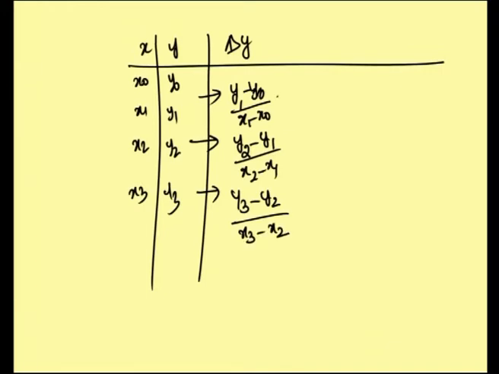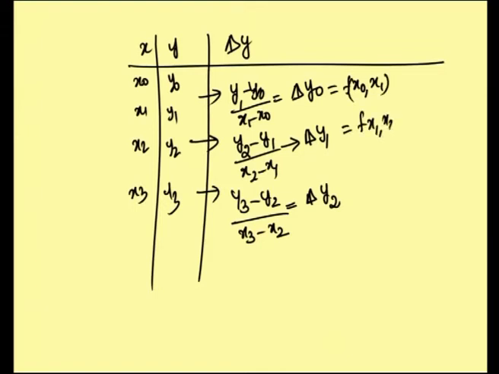This is represented as del y0, this is del y1 and this is del y2. And this is actually f of x0 comma x1, this is f of x1 comma x2 and this is f of x2 comma x3.